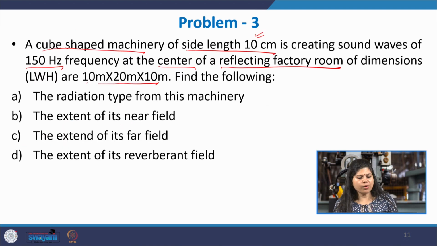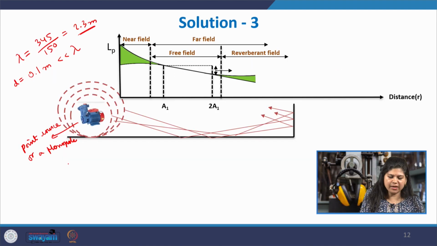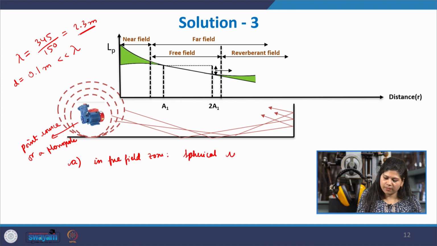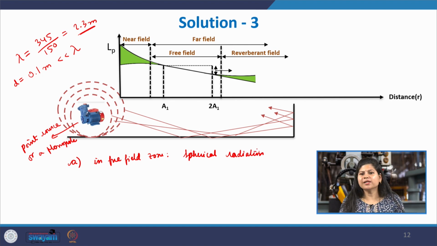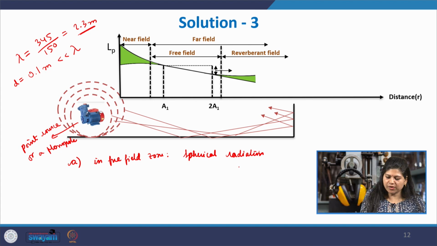To answer what is the radiation type, we say that in the large room in the free field zone we have spherical radiation, and the near field is always complicated, so we do not deal with it. The free field zone is when it is away from the walls.